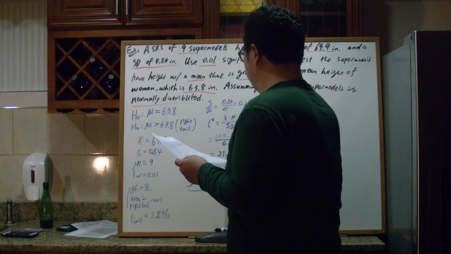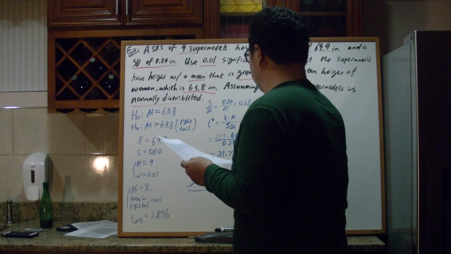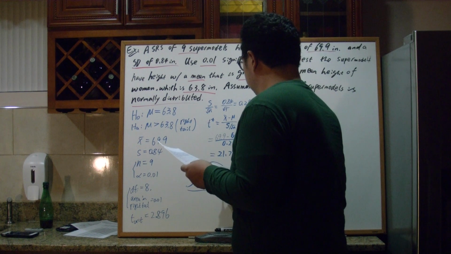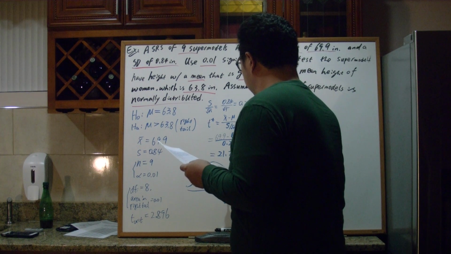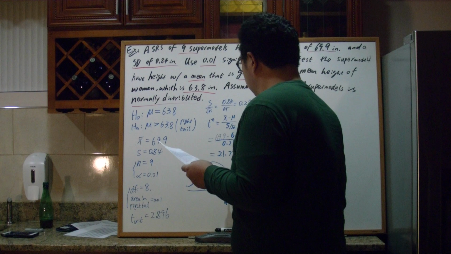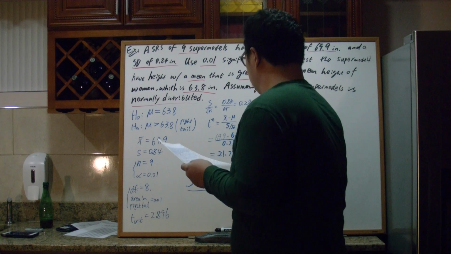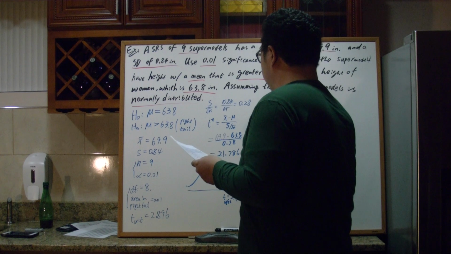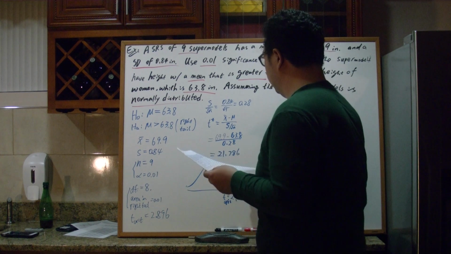When we draw that, the critical value is 2.896, and it's a right tail test, but 21.7 is way bigger.